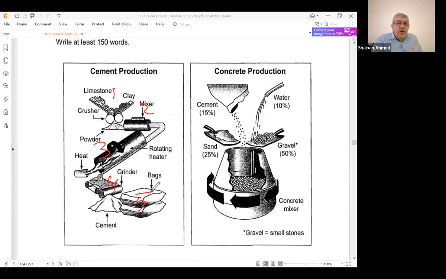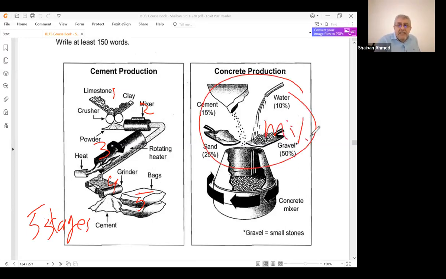We say 5 stages. But in the concrete, it's just what? It is mixing and rotating. Okay, or mixing with a mixer.